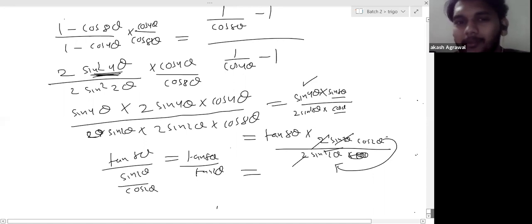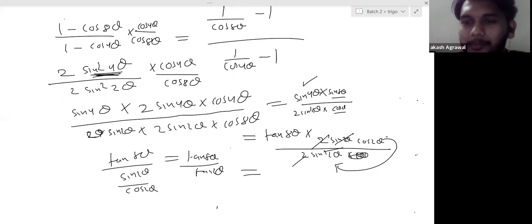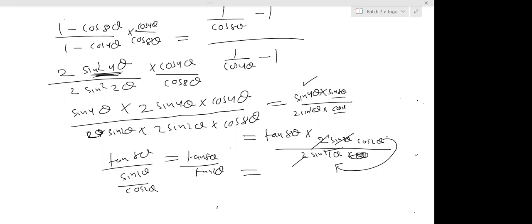Is this clear, Rahman, or shall I solve this again? That thumbs up means it's okay, right? All right. Next question. Shafullah, this is clear? Yes, sir. All right.